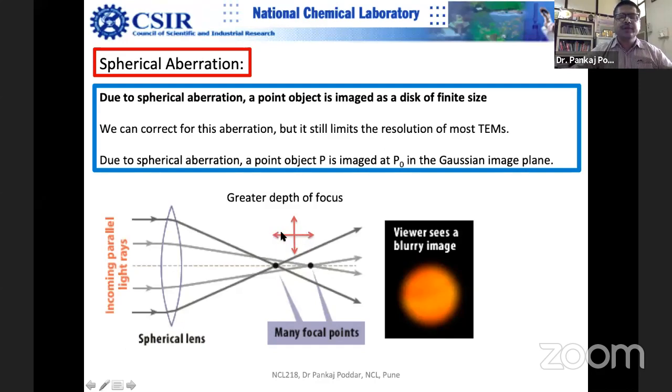Similarly, you can have this kind of spread also. So you essentially get a blurry image instead of a sharp image. The larger the aberration, the blurrier the image will be. So it compromises your image quality. Fine.